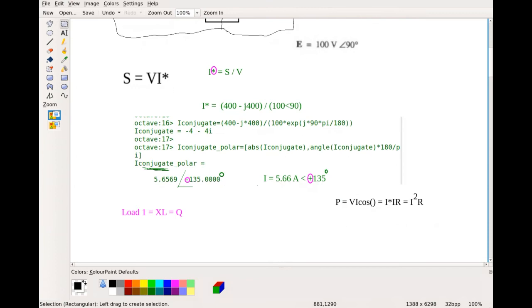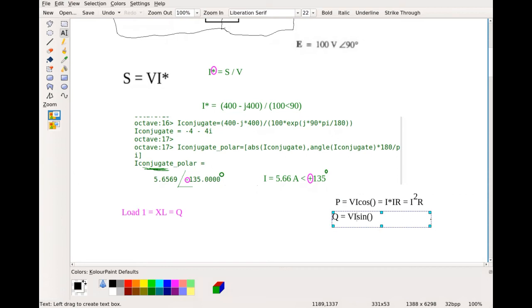Okay, well, you can say the exact same thing for Q. Q is equal to V times I times the sine.